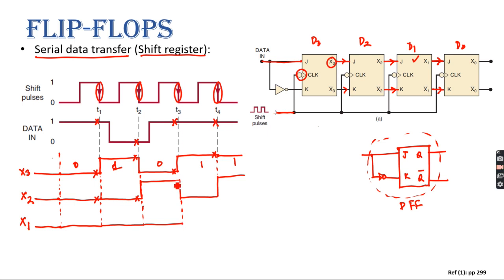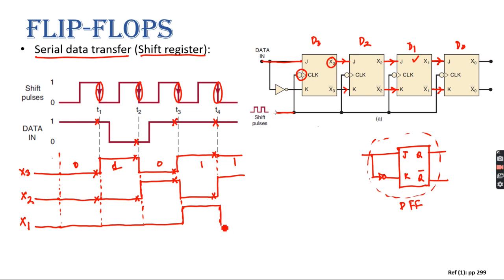And just before the next negative edge, what is the value of X2? 1, sir. So it will switch to 1 and it will remain 1 until it gets the next negative edge. And just before the next negative edge, what is the value of X2? 0.